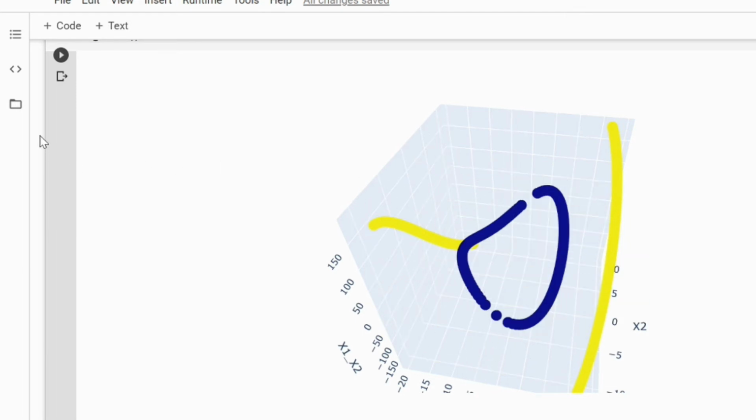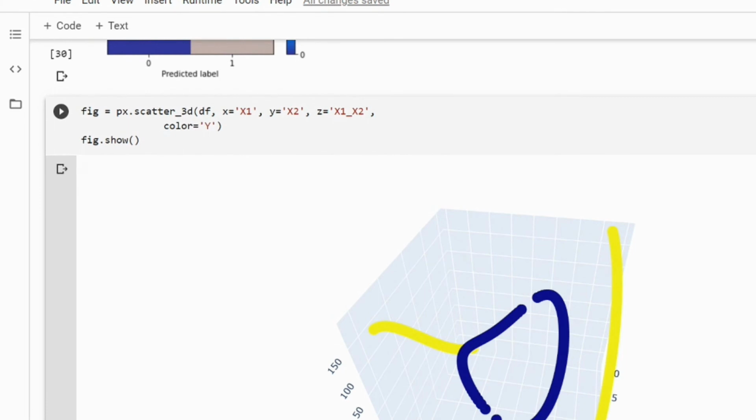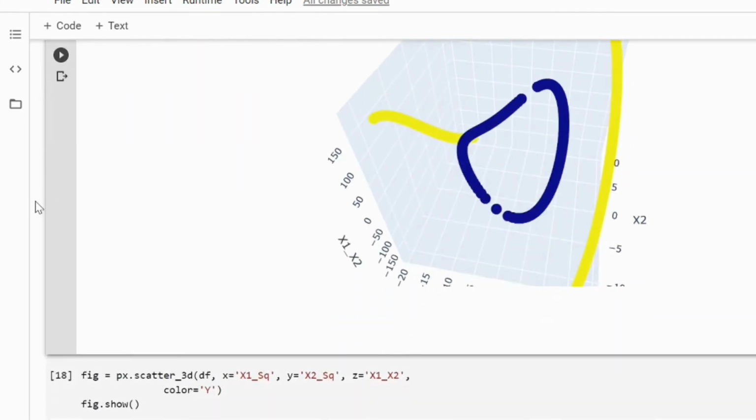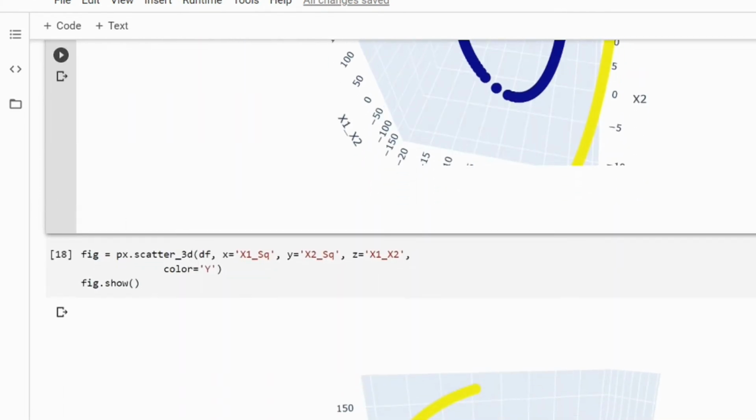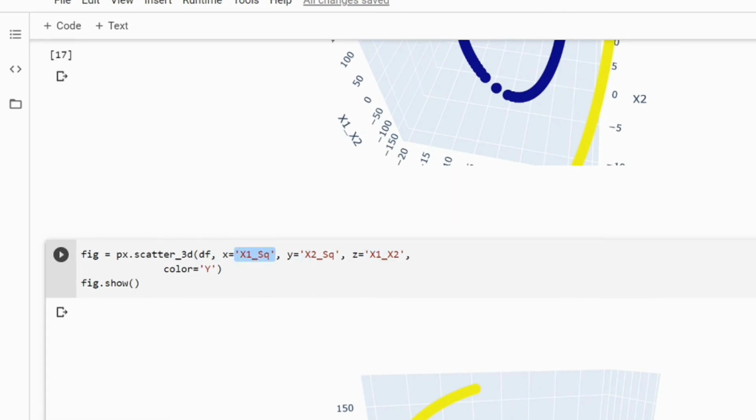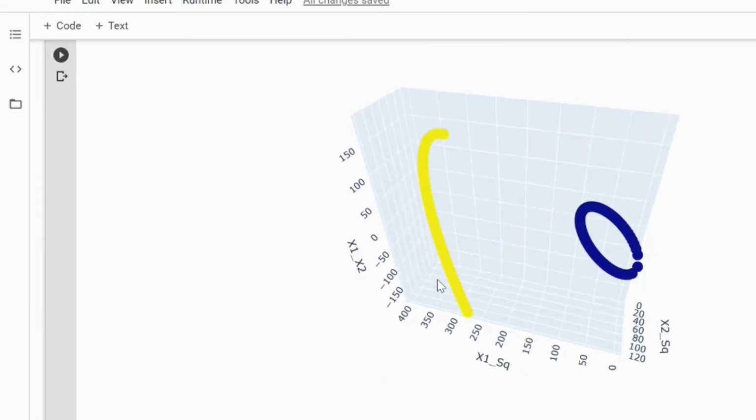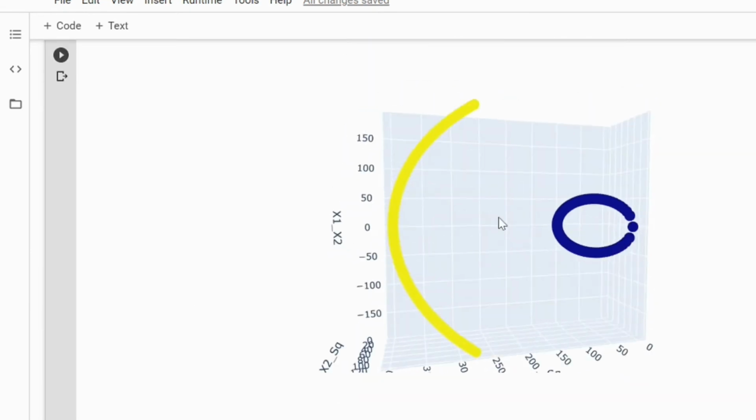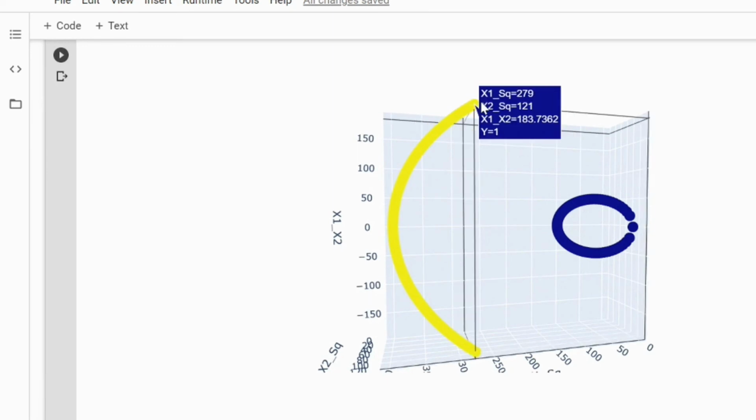But if you take the square terms, the x1 square and the x2 square, and generate the 3-dimensional plot, here I have taken x1 square, x2 square, then x1 x2. Now let's see the plot. If you see this 3-dimensional plot, it's pretty easy to generate a linear boundary to separate these two data points, and that only happened because you have taken the square of x1 and x2.